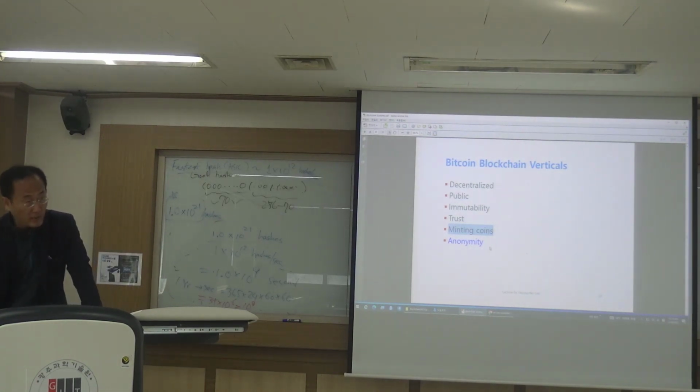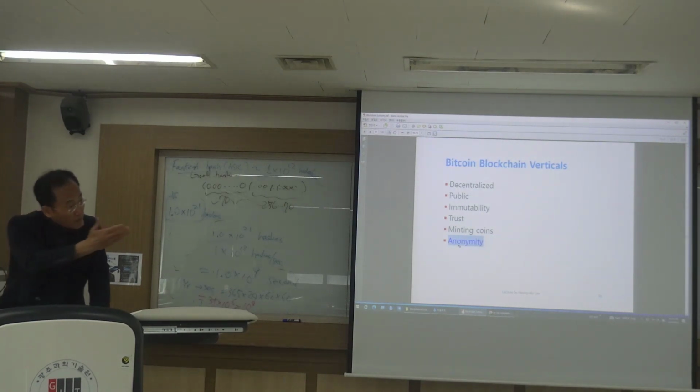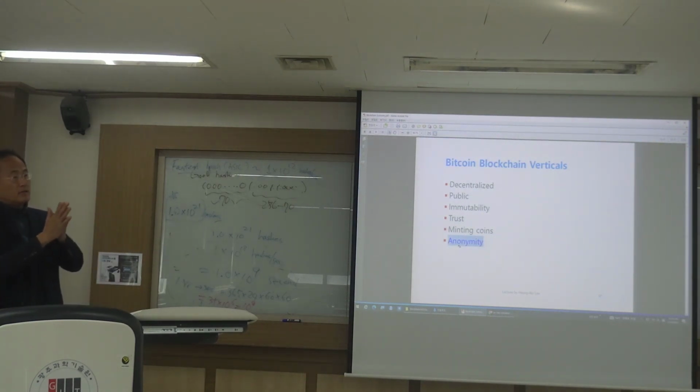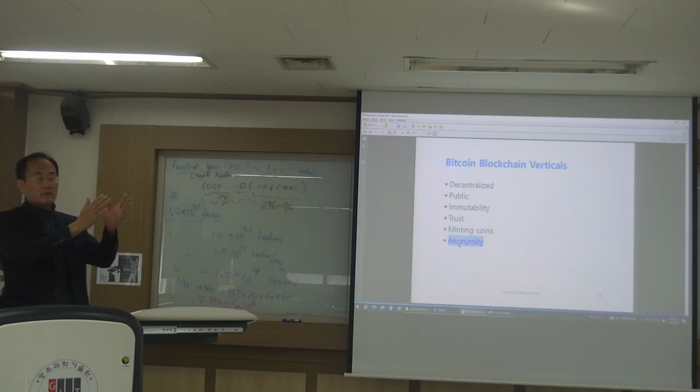And anonymity. This part was not covered in this lecture, maybe a little bit. There is a person who can make lots of different public key, private key pairs. So there is anonymity between the address or public key and the person.